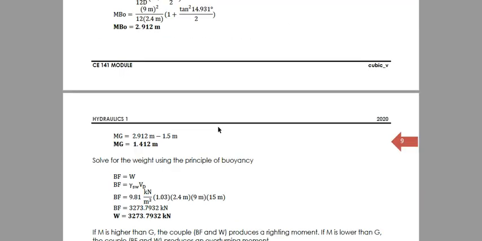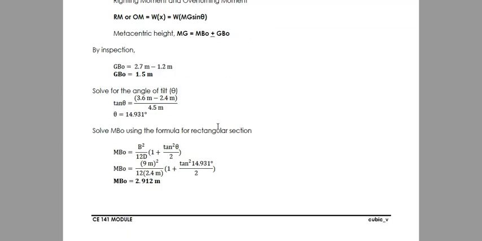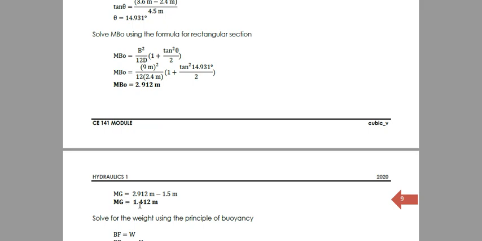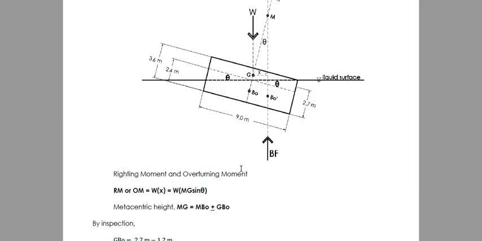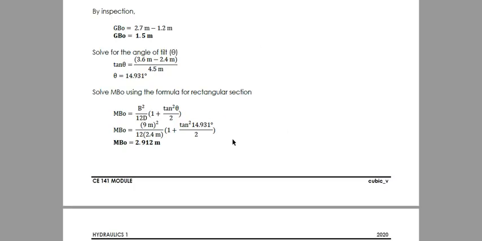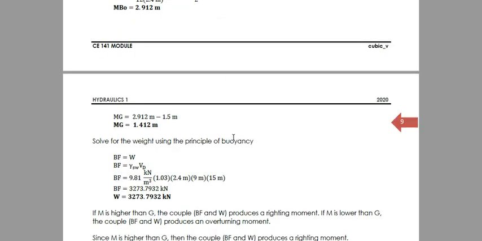By inspection, MG is equal to MBO minus GBO, the distance between these two points. So that's how we solve for MG. MG is 1.412 meters.